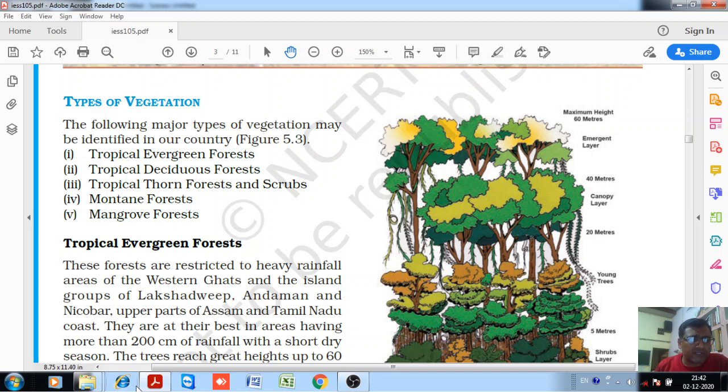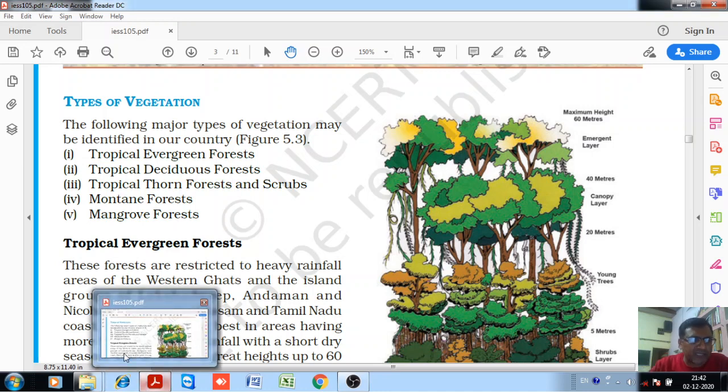Now we have 5 major types of vegetation found in our country, that is tropical evergreen forests, tropical deciduous forests, tropical thorn forests and scrubs, montane forests and mangrove forests.